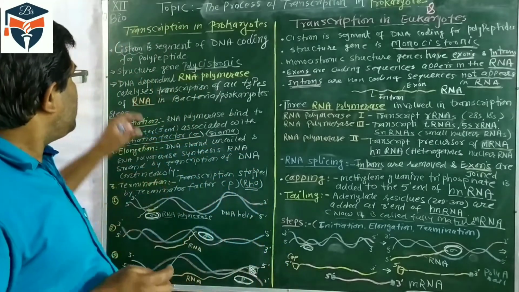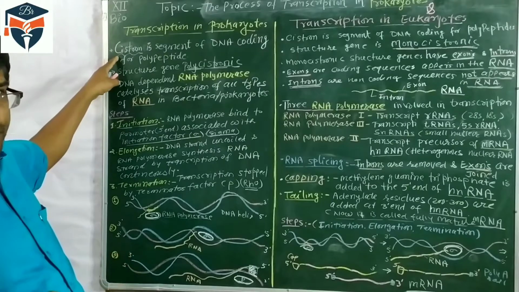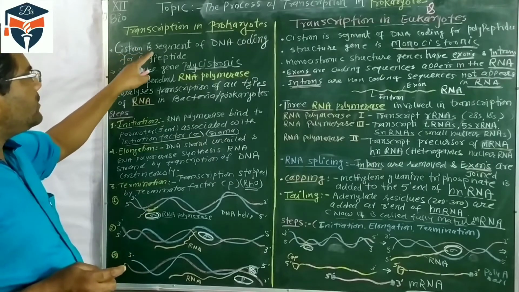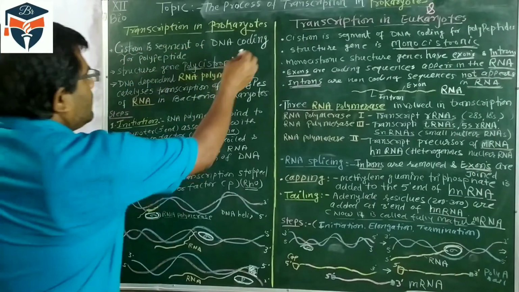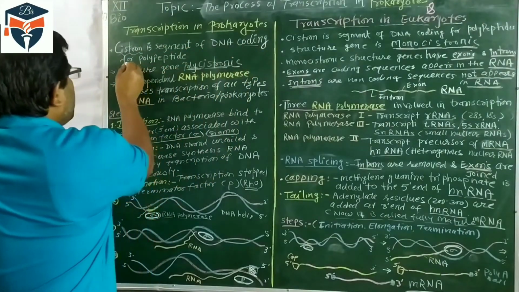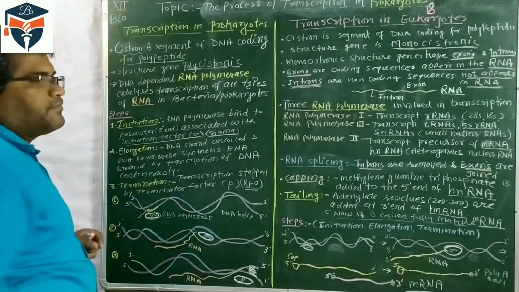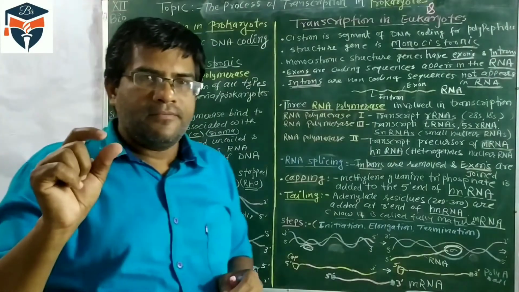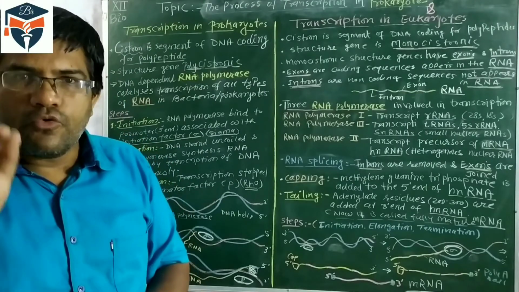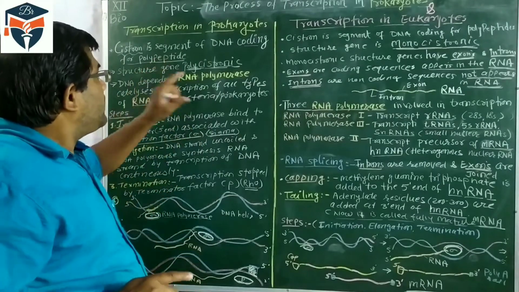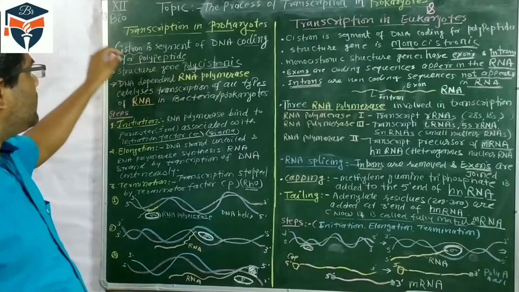Here is another gene which is called cistron. So cistron is a segment of the DNA, and this segment of the DNA is coding for polypeptides. So that segment of the DNA, or one gene which codes for polypeptide, is called the cistron.